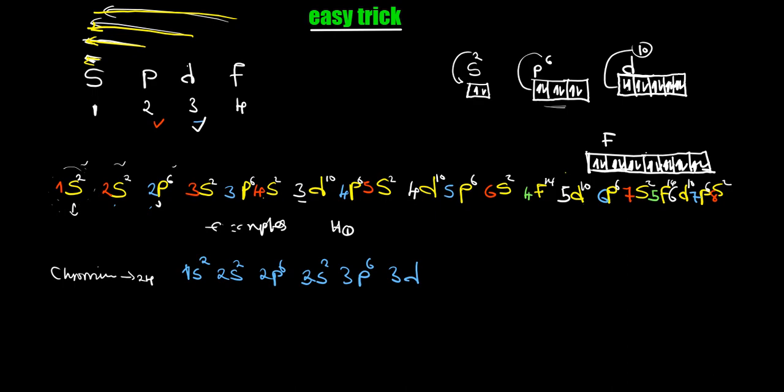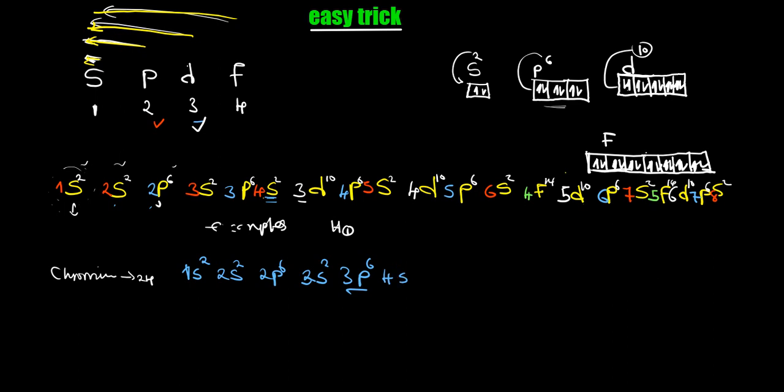Okay. So I'm sure I've forgotten the other orbital. So here after 3p I'm supposed to write this orbital. Okay. So after 3p is 4s.